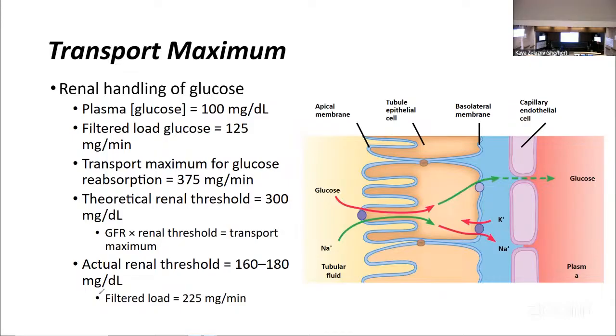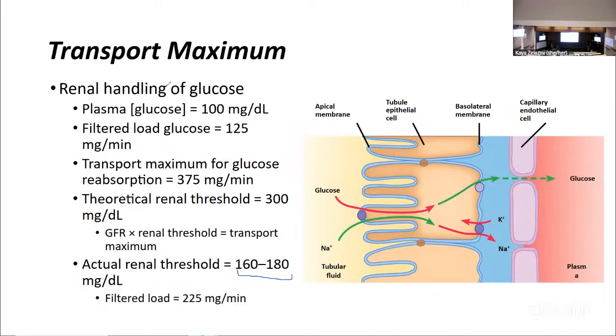So when we look at the actual levels of plasma glucose that your kidneys can fully reabsorb, we see a much lower number here. The actual renal threshold in practice is about 160 to 180 milligrams per deciliter.